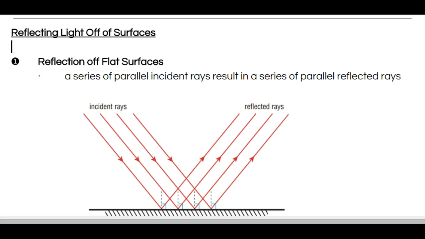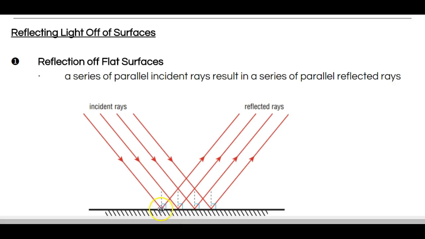So I want to talk about how reflection can change depending on the smoothness of the surface that light is striking. If we look at a nice smooth flat surface here, and we examine the incident rays versus the reflected rays, I look at a bunch of rays that are hitting the flat surface in a parallel fashion.